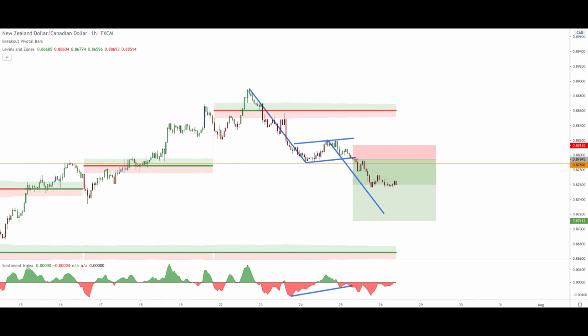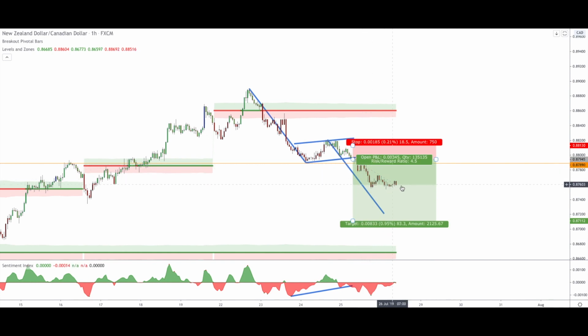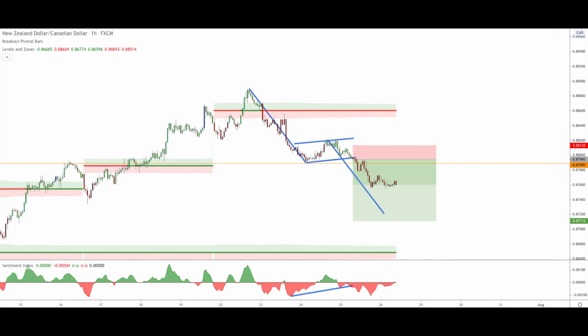But as I explained before, there is this support down here, which I believe, considering the fact that the pair is trending down quite nicely, could still be reached.